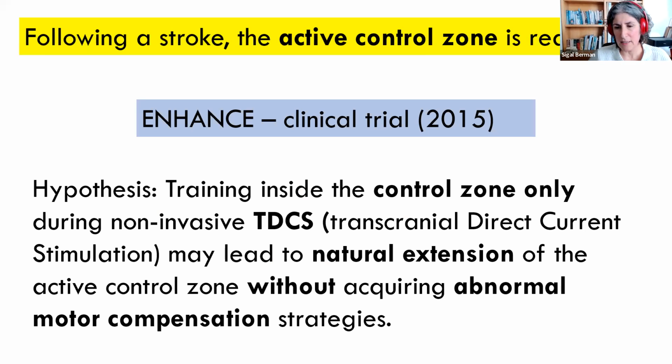And this may lead to natural extension of the active control zone without the patients acquiring abnormal motor compensation strategies. And this training is done in the subacute phase for taking advantage of the plasticity of the brain during this period.